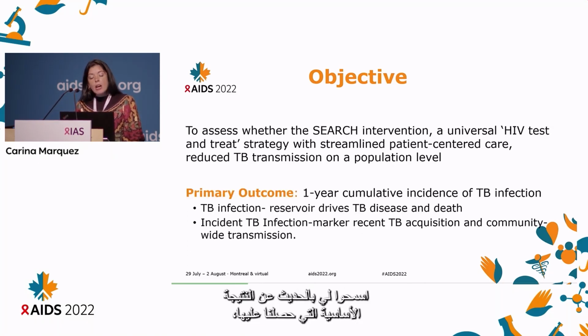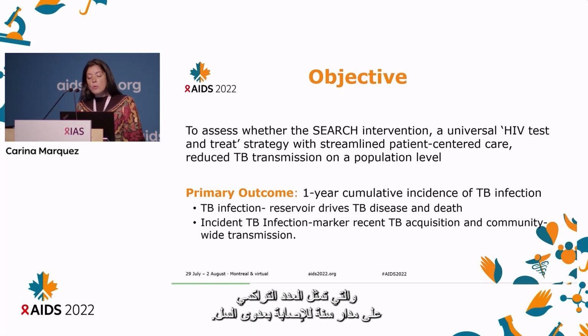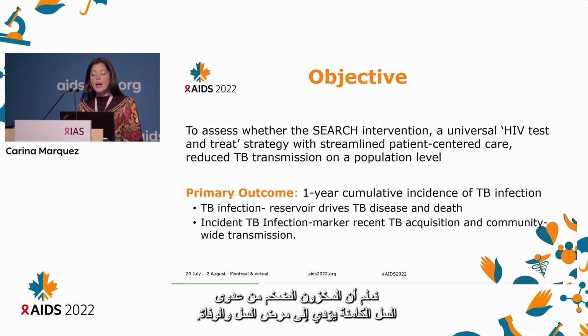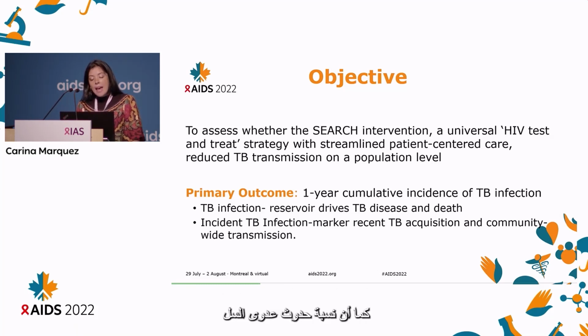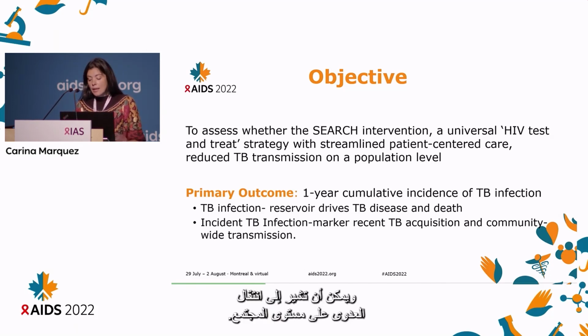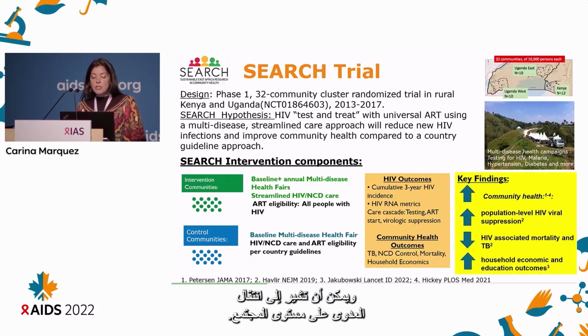So let me talk about our primary outcome, which was 1-year cumulative incidence of TB infection. Why did we look at TB infection? Well, it in and of itself is an important outcome. We know a large reservoir of latent TB infection drives TB disease and death. And then incident TB infection is a marker of recent TB acquisition and can mark community-wide transmission.